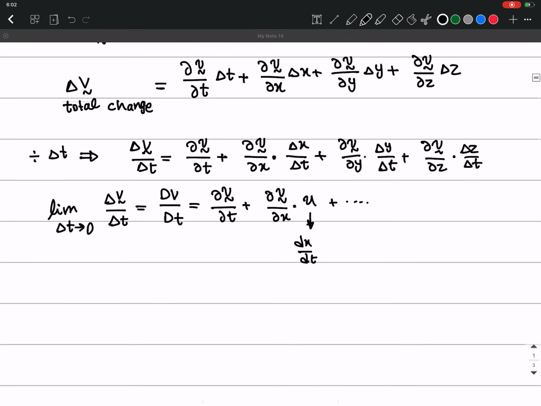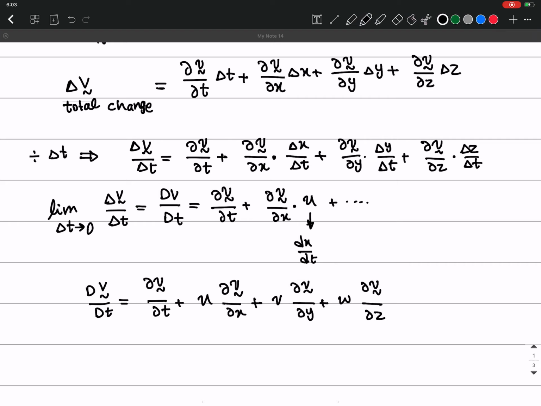So what I'm going to get is this: dv over dt equals partial v over partial t plus u partial v over partial x plus v partial v, the vector v, over partial y plus w partial v over partial z.